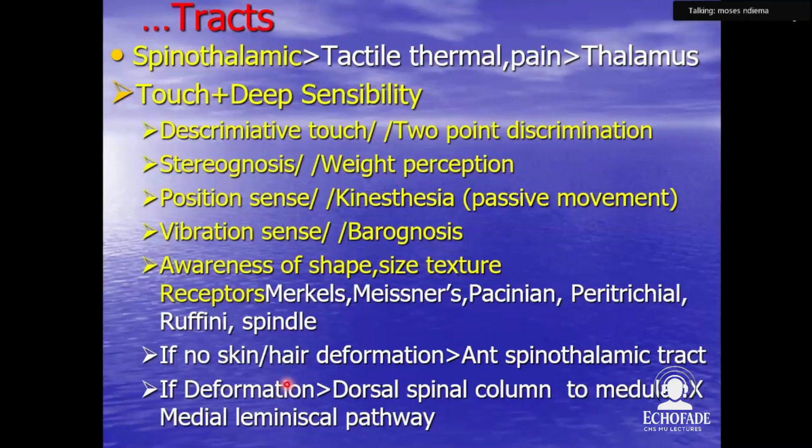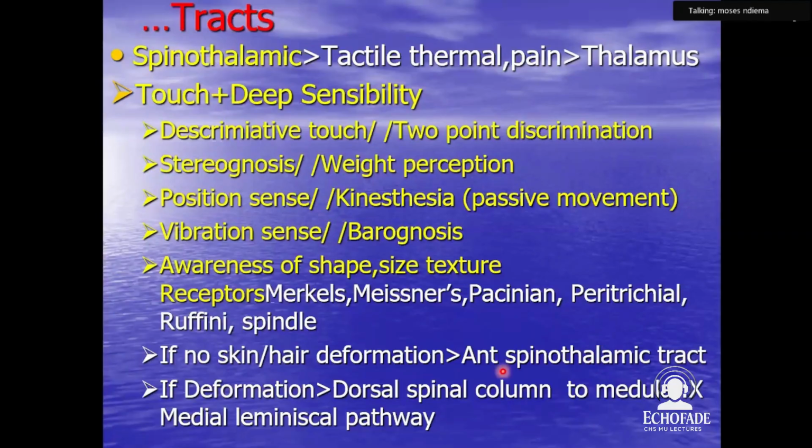Vibration sense or pressure, that is also very important. Being aware of the shape, the size, and the texture of what you are touching, that is very important. So all these are because of the sensory receptors within the skin, which enter into the spinal cord, and from the spinal cord, it then goes to the thalamus, which is a central sensory relay center.